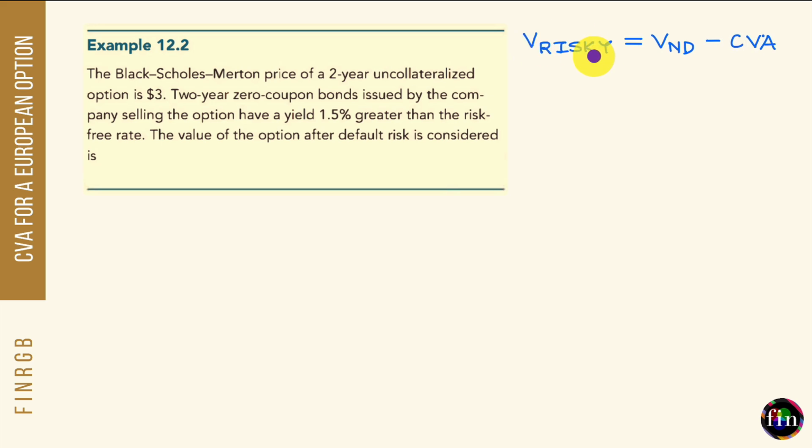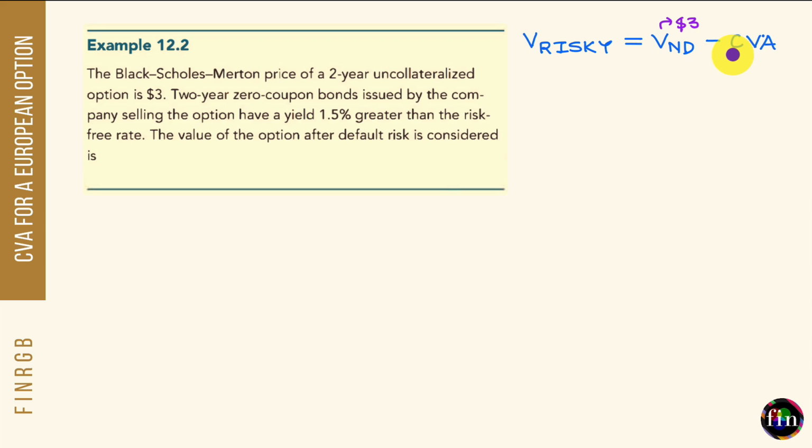This V risky can be written as the value of this option without taking into account the default risk of my counterparty, denoted as VND, where ND stands for non-default, minus this adjustment called CVA. As per the information given to us, this VND is nothing but the price of this option calculated using the Black-Scholes-Merton model, which is $3. So this VND, let's note it down, is equal to $3.